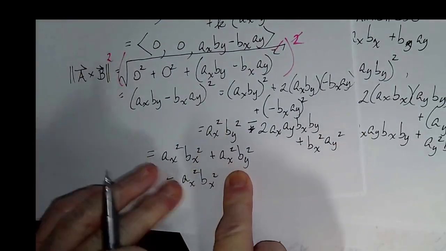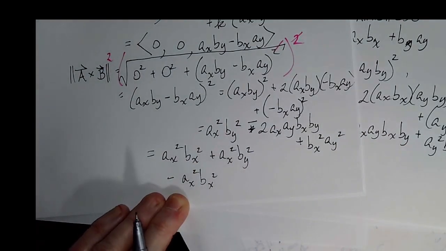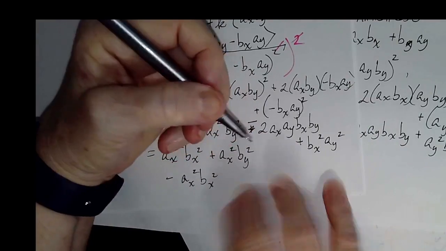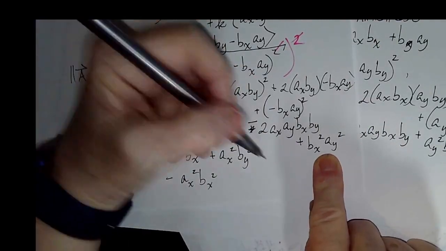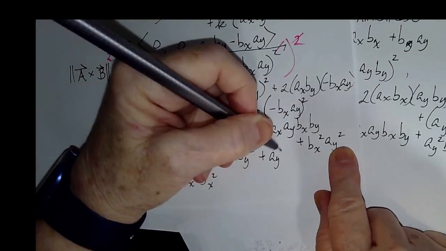We had that already, so we don't need to subtract it off. Now I want to put this third term, so plus AY squared BX squared.